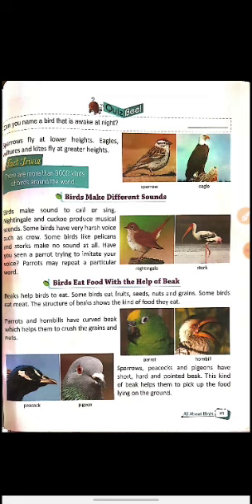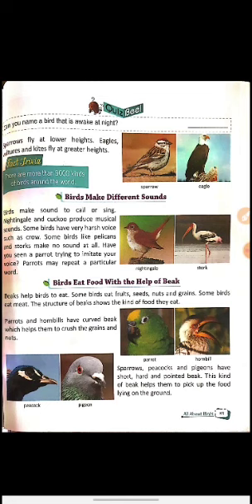Birds make different sounds. We must have heard in the early morning that birds call each other or talk to each other in their pleasant sounds. The cuckoo produces a musical sound, and the nightingale sings. So birds make sounds to call or sing.